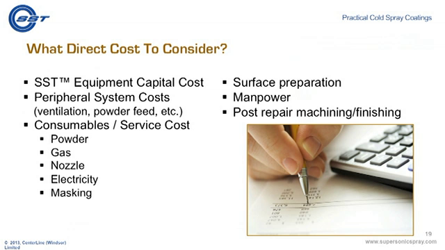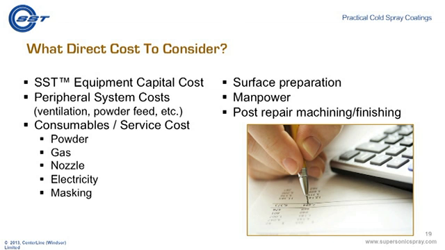So we're working up towards a cost evaluation, and let's look at some direct cost considerations. You've got the equipment capital cost. You've got some peripheral system costs such as ventilation, booth, powder feeders, air purification.